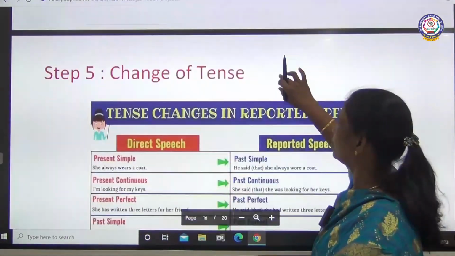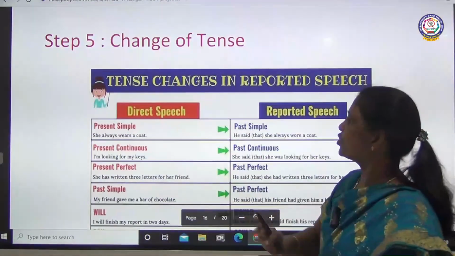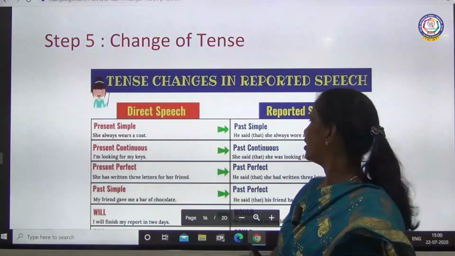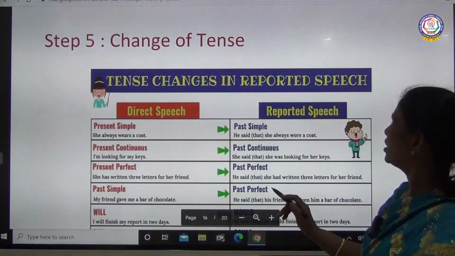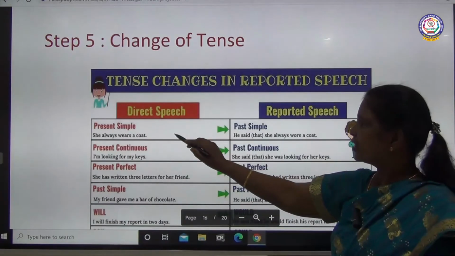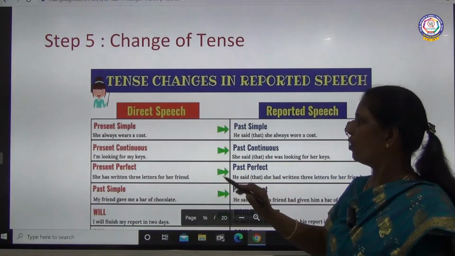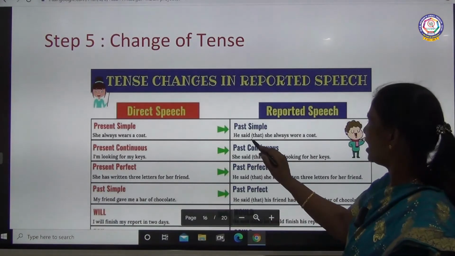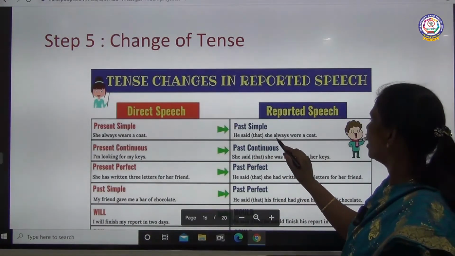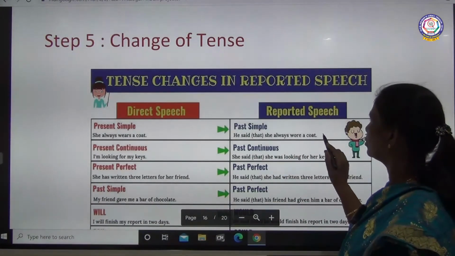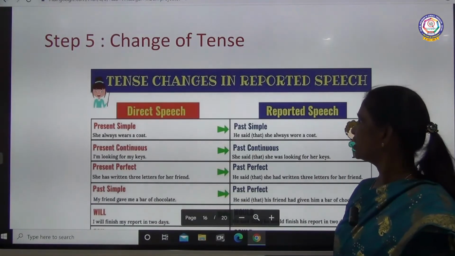Okay. So fifth change is change of tense. We will be having a change of tense. So in direct speech, simple present tense is given. She always wears a coat. So he said that she always wore a coat. So it is clear.